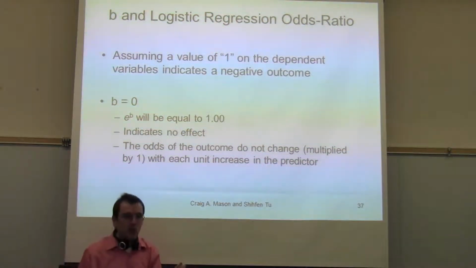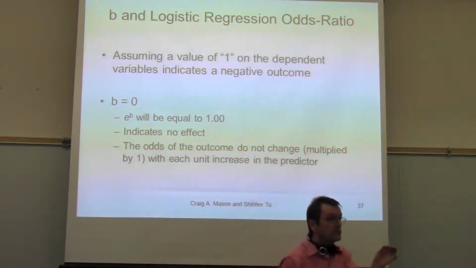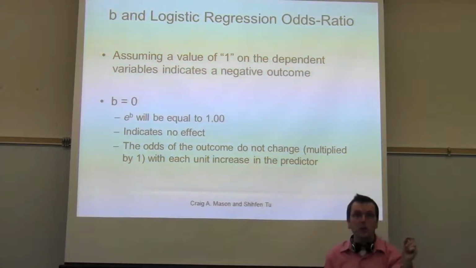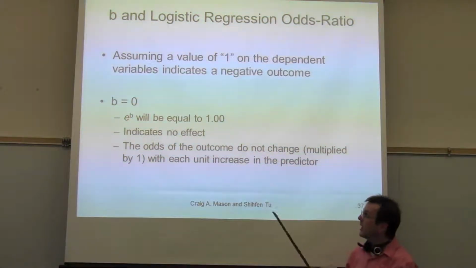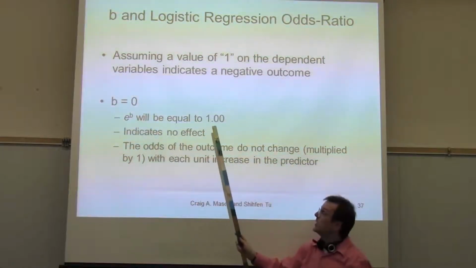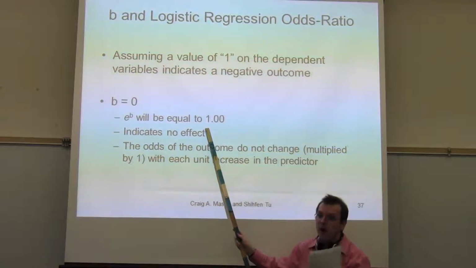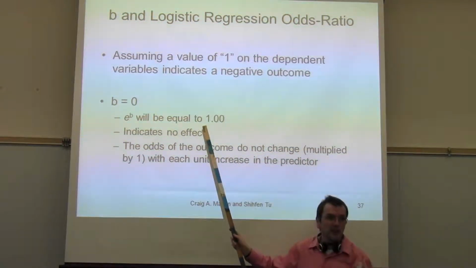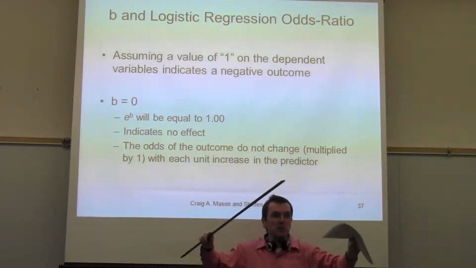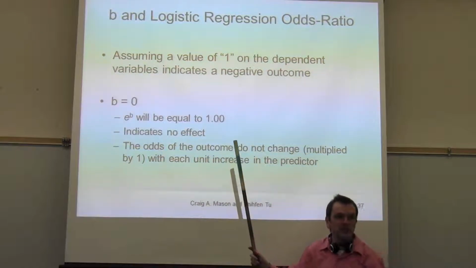If the regression coefficient b is equal to 0, what's the odds ratio going to be? The odds ratio would be e raised to the power of 0. Anything raised to the power of 0 is always equal to 1, which is just kind of a wild thing, but that's for another course. I always get a kick out of something raised to the power of 0.